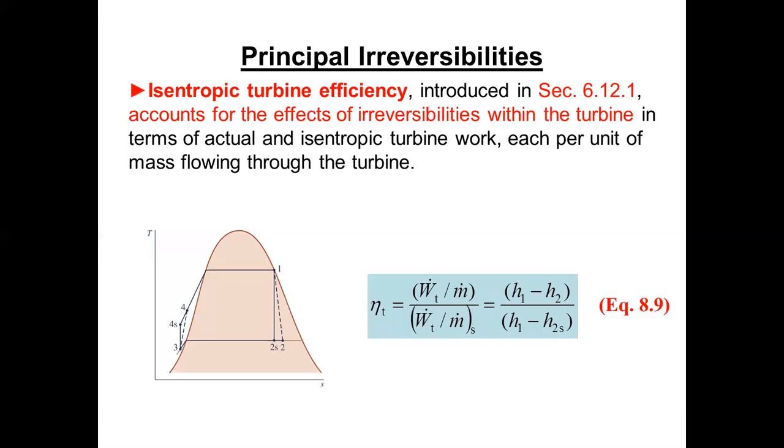Okay, and so here's our equation. The isentropic efficiency of a turbine is the work per unit mass out of the real turbine, which is in the numerator, divided by the work per unit mass of the ideal turbine.